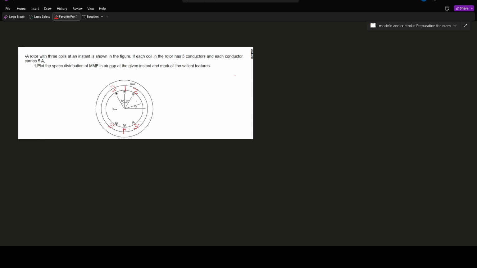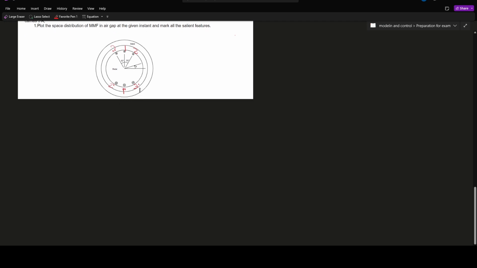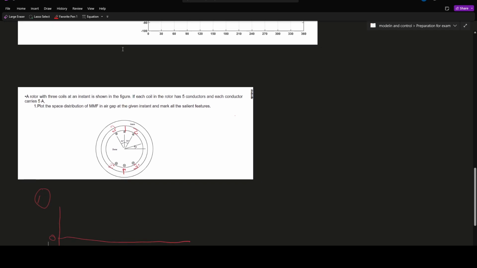Okay, so now we need to draw the MMF for each coil. So let's do it for the first one. Here we have the graph. First we need the magnitude of the MMF. We know we have 5 conductors, and each one is carrying 5 amps.